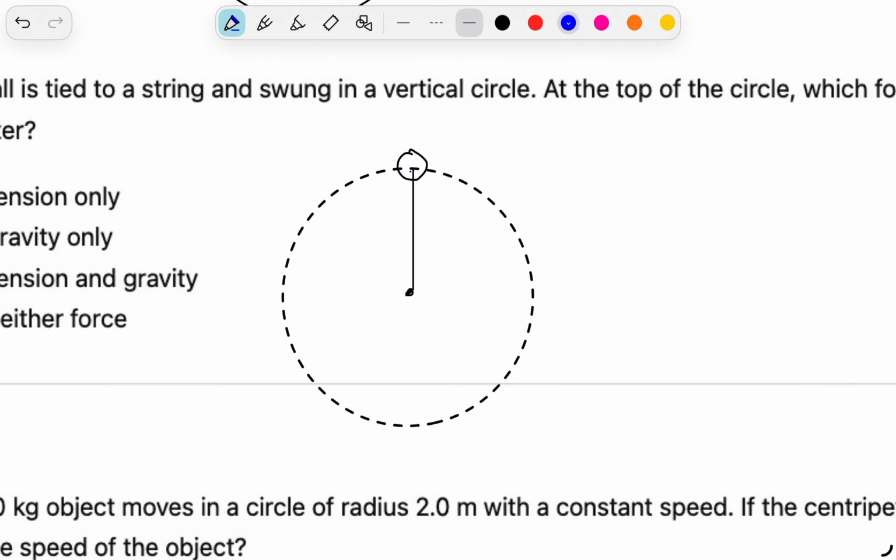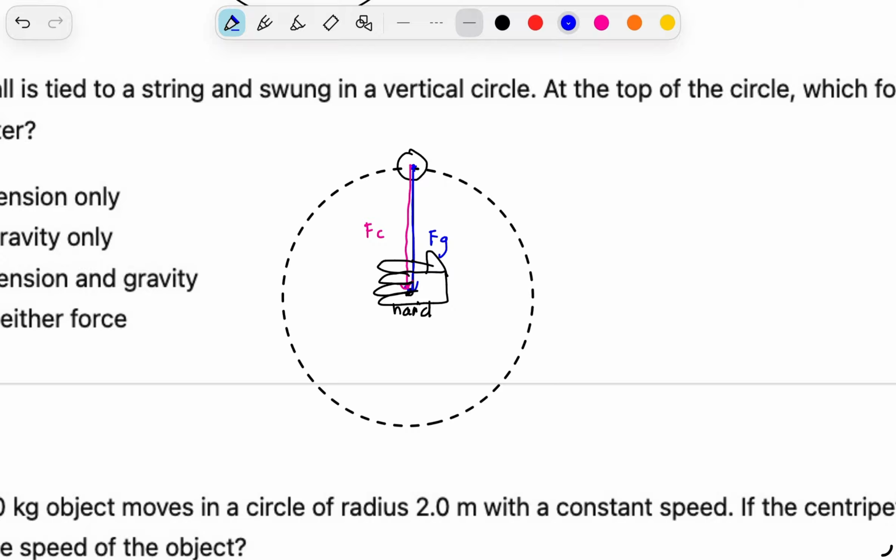So when it's up here, wherever you are on Earth, you always have the force of gravity. But in this case, we have a centripetal force that is going to be pointing to the center, the point of your hand. So let's say that's my hand, and it's spinning it like that.